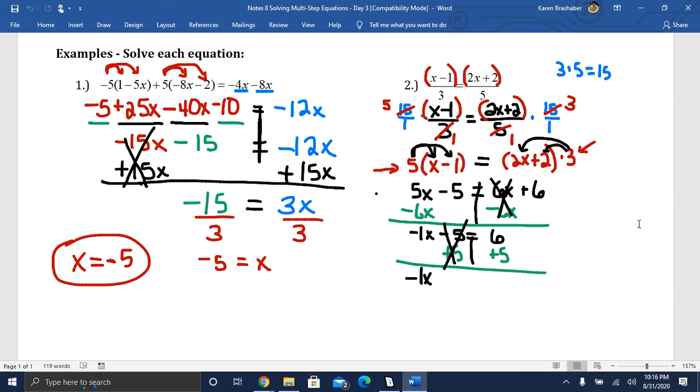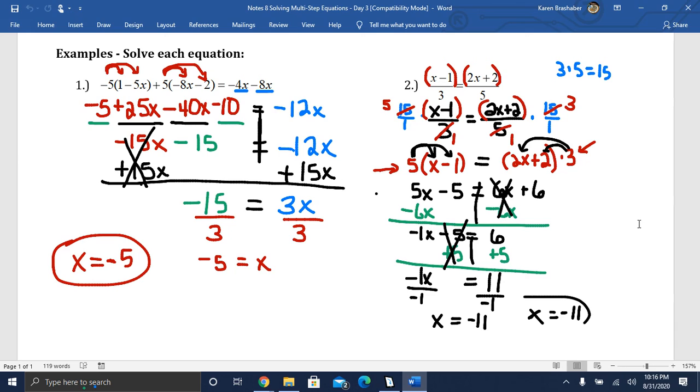These eliminate. Here's my equal sign, and then 6 plus 5 gives me 11. I can divide both sides by negative 1, giving me x equals, and then 11 divided by -1 is -11. So your final answer for this one is x equals -11.